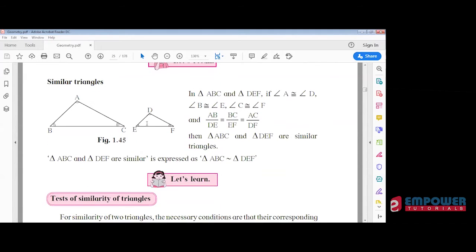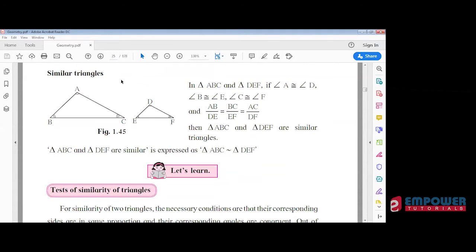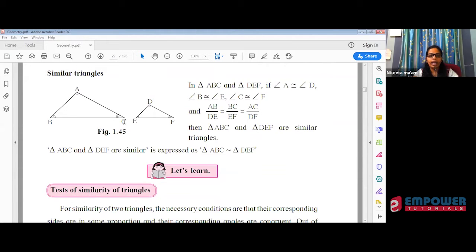Okay, so similar triangles. Here you can see there are two triangles, triangle ABC and triangle DEF. Angle A is congruent to angle D, angle B is congruent to angle E, angle C is congruent to angle F, and the sides of these triangles are in proportion.